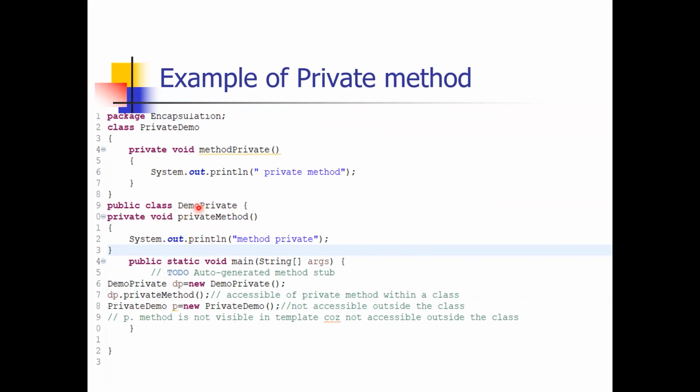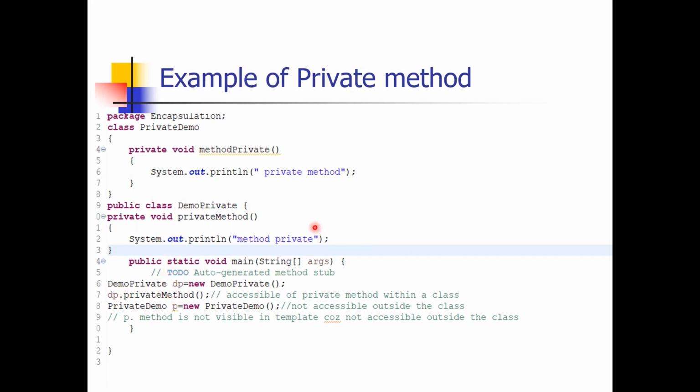So we have created the object for this class, demo private, dp. And then dp dot private method means we are calling the method. In so many lectures now you have become familiar with how to create the object and how to call the method. When we want to get access to a particular class, for that class we have to create the object. Then we have to call the method.